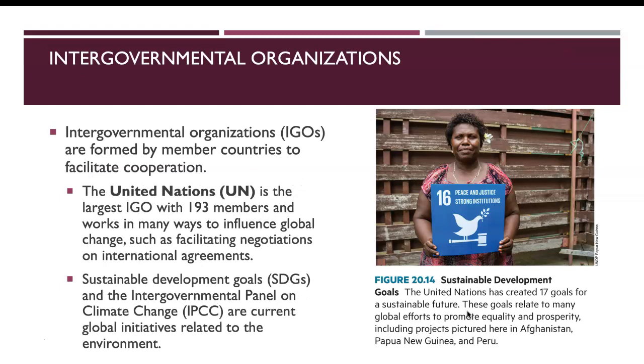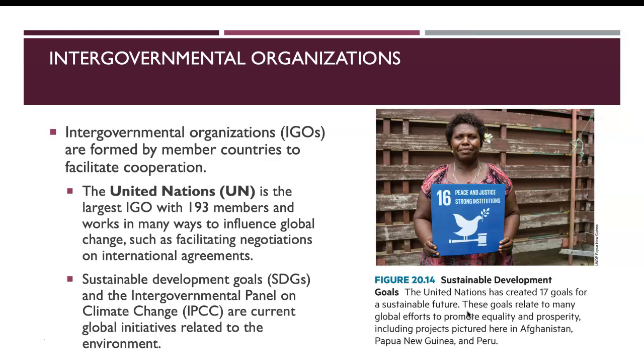And I need to mention intergovernmental organizations. Those organizations are formed by member countries to facilitate cooperation. The United Nations is the largest IGO, with 193 members, and works in many ways to influence global changes.